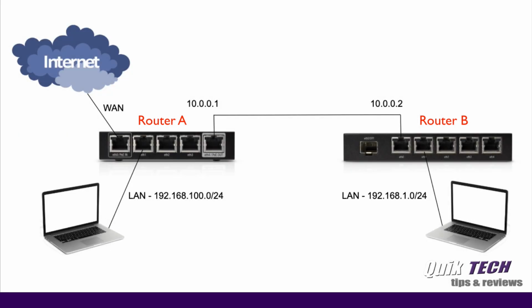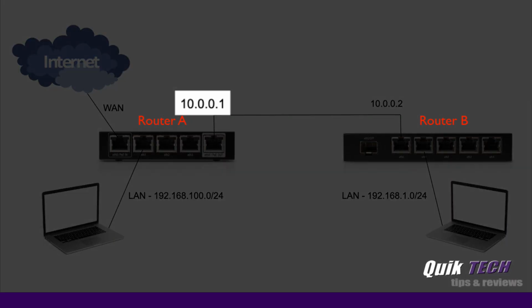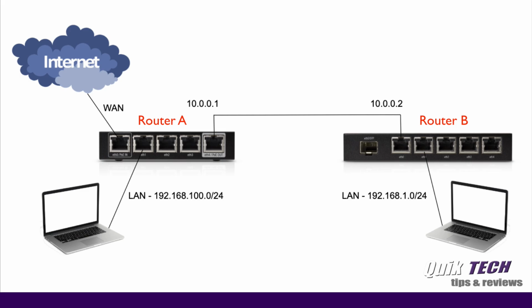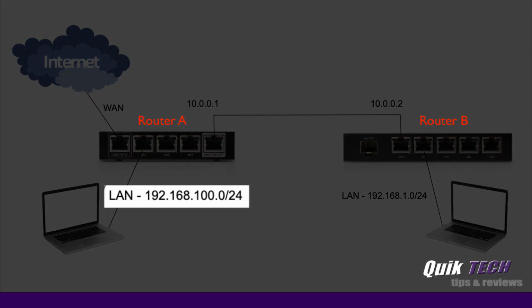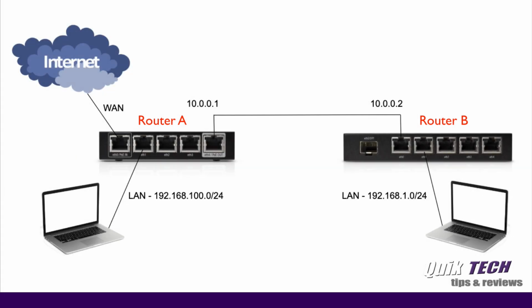In reverse, for router B, the next hop gateway address would be that of router A, 10.0.0.1, and the destination LAN would be 192.168.100.0/24. Now, I know that may all seem a little confusing, but I think it'll make more sense once we get to the actual configuration.